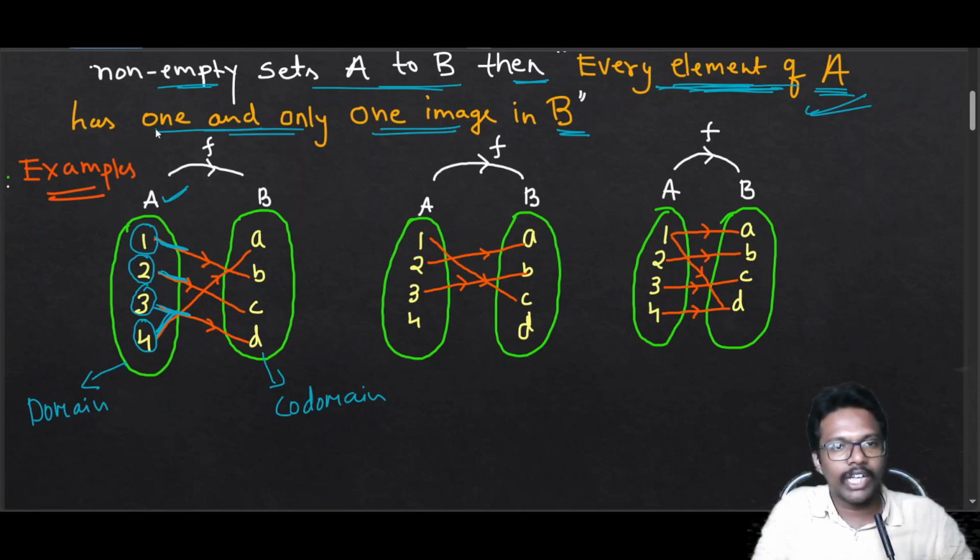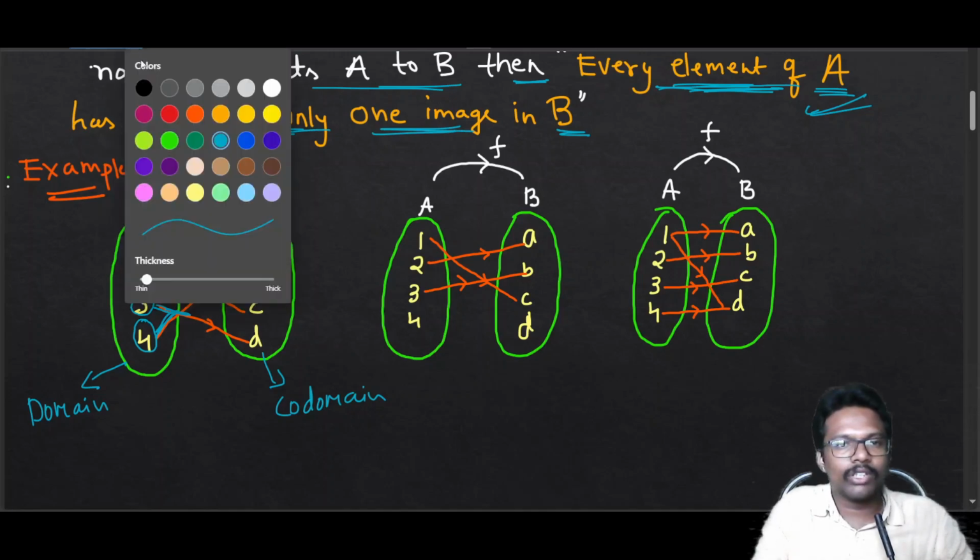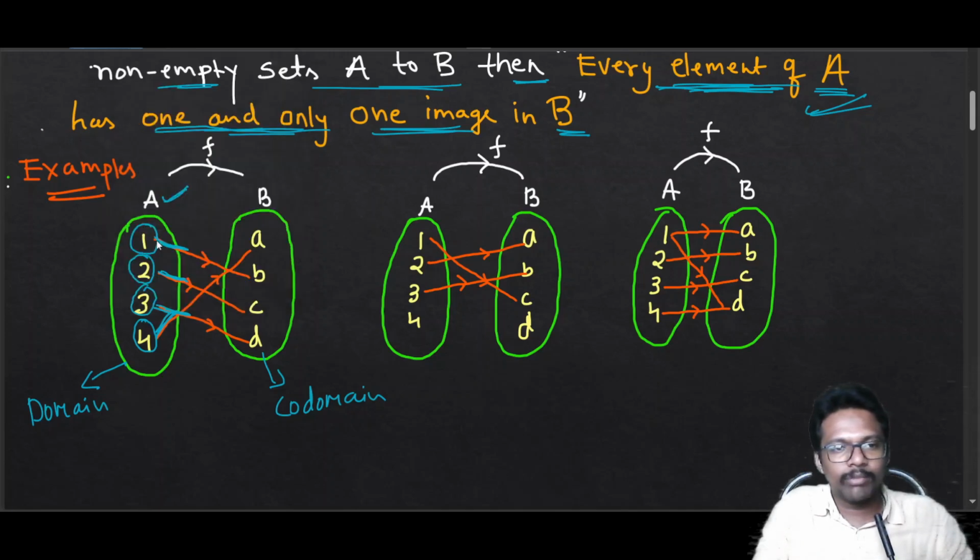Every element of A has one and only one image in B. One and only one image in B means, for example, 1 has image B here. So this arrow mark is only one. 1 is reaching B, which means 1 has only one image in B. So this B is nothing but the image here.